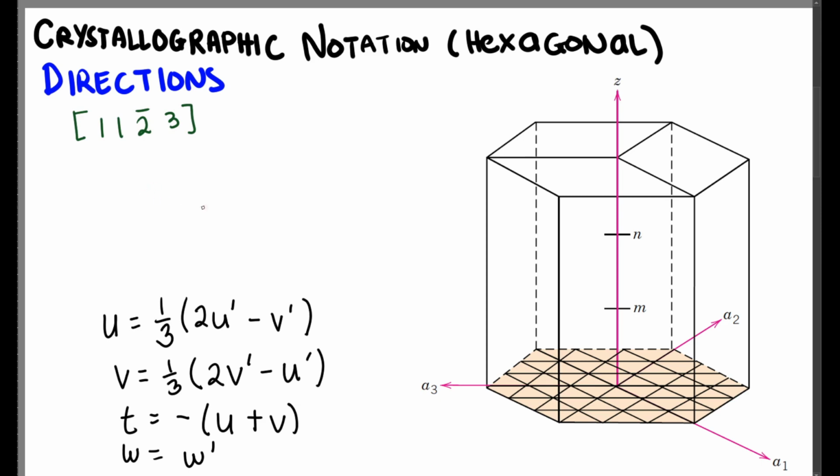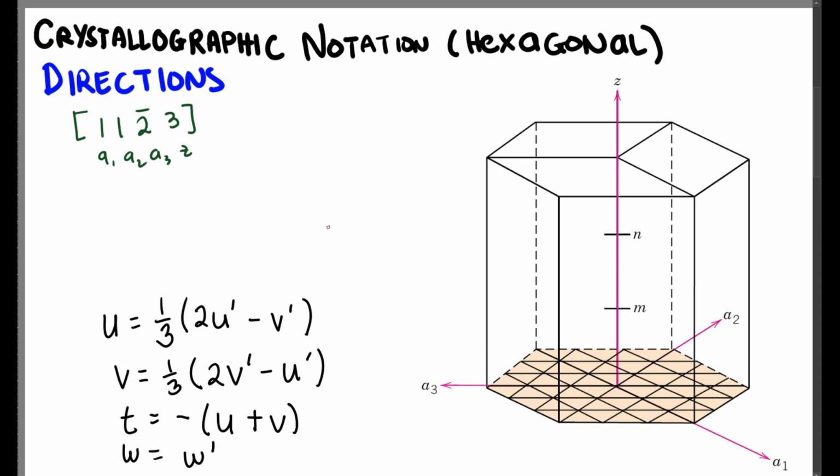So to project this direction here, what we can do is we just trace along the specified A1, A2, A3, and Z. Since we know that U corresponds to A1, V corresponds to A2, T corresponds to A3, and W corresponds to movement along Z.